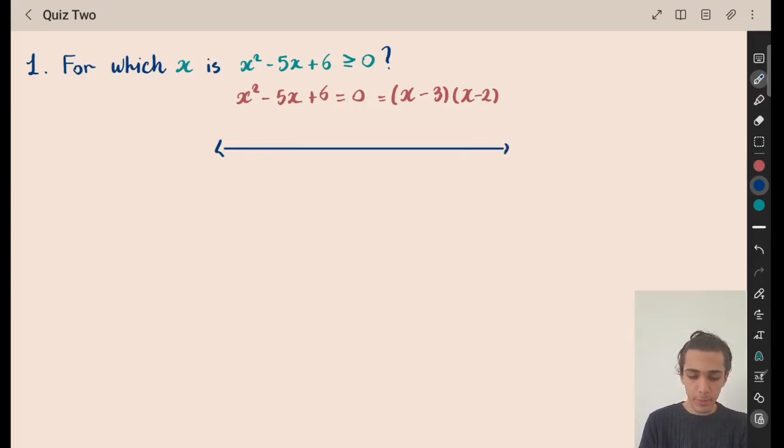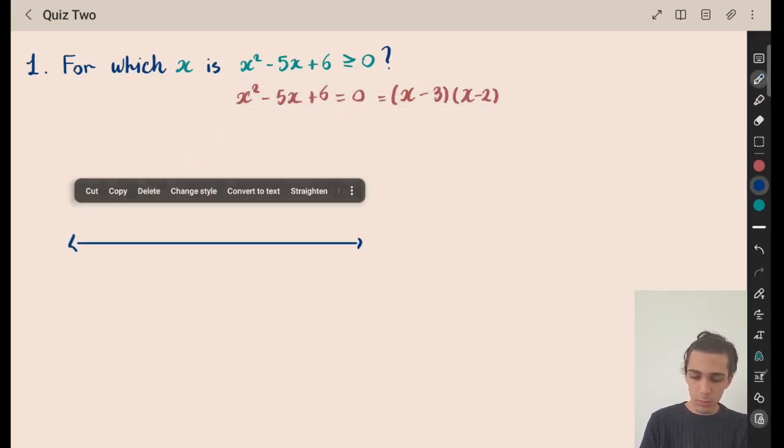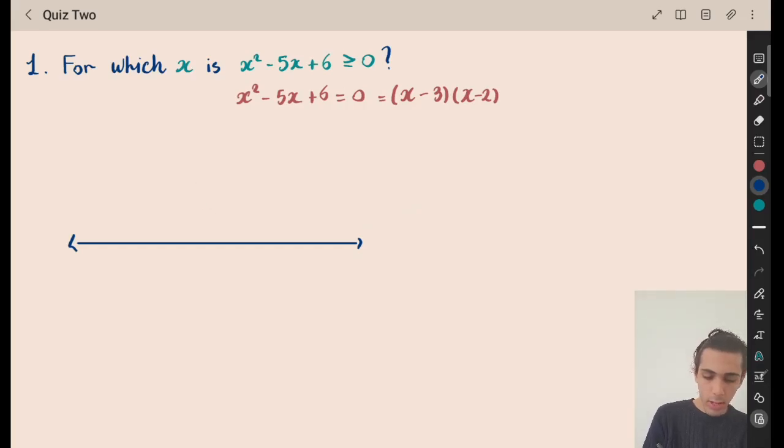Let's take a look at the behavior of the function. So let's say this is 0. Say this is our first root. x is equal to 2 is a root, and x is equal to 3 is another root.